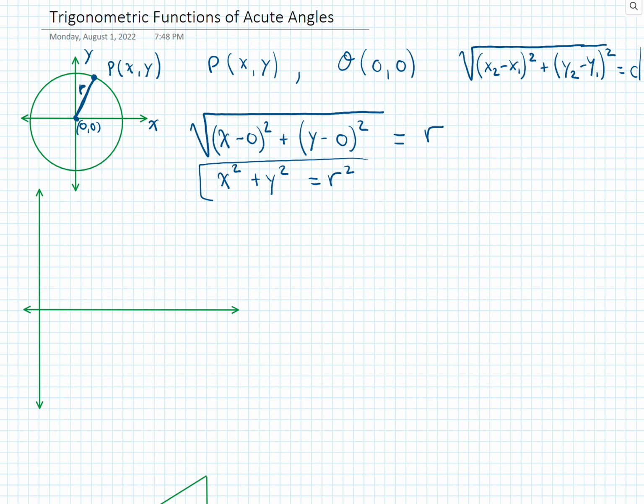And this is the equation of a circle of any circle of radius r centered at the origin.